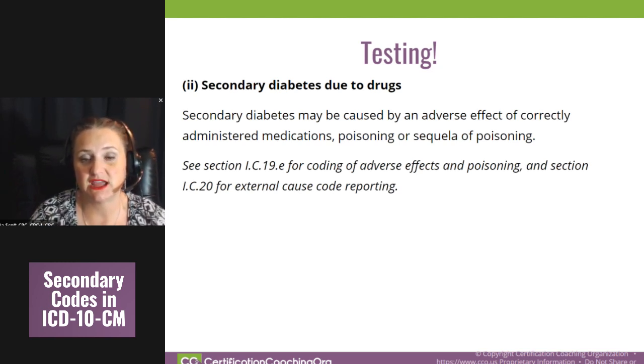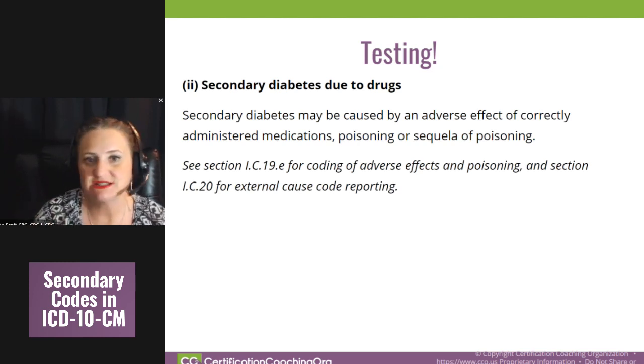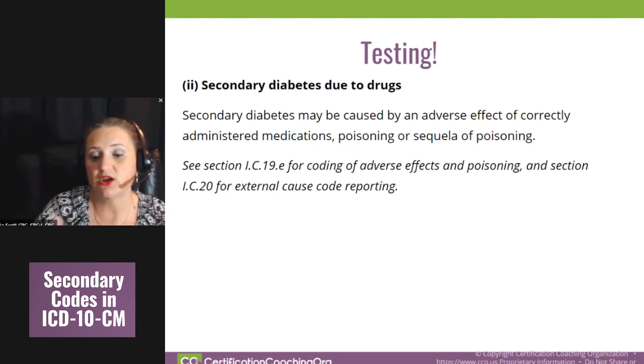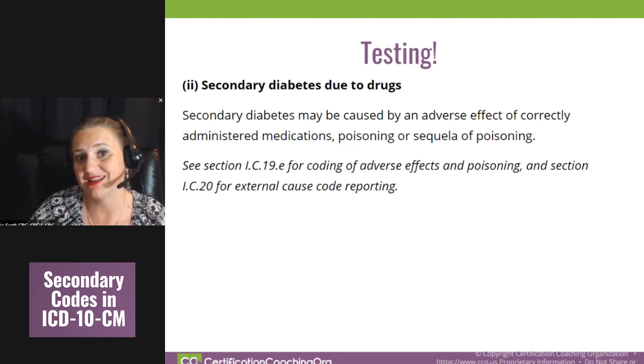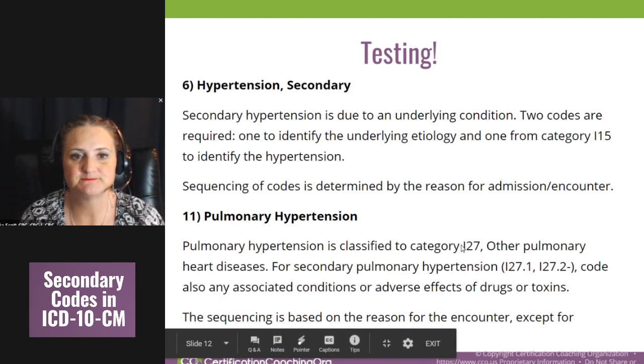If you've got secondary diabetes due to drugs, pay attention to these other applicable guidelines. Whenever you're being tested on the guidelines, as long as you understand this, practice this, and give yourself scenarios, what would I code in a situation like this, then it makes sense.